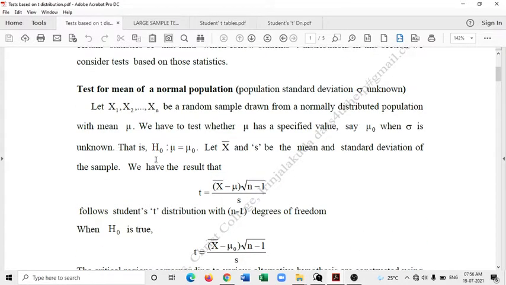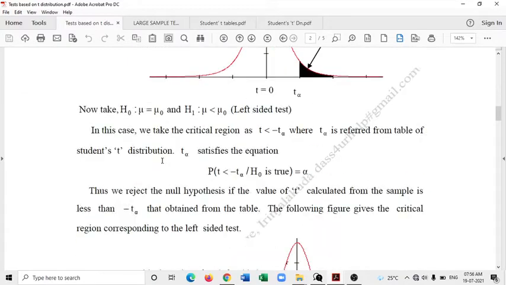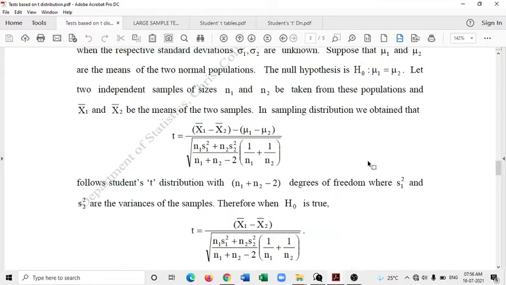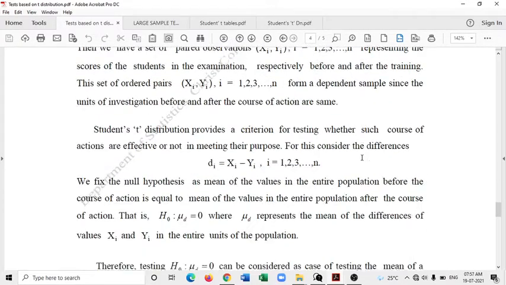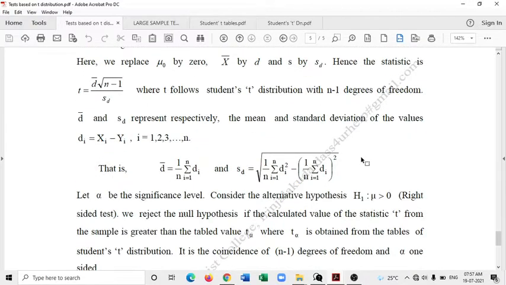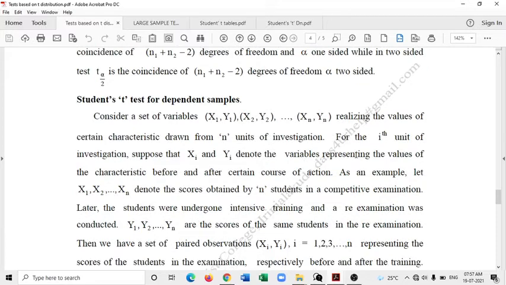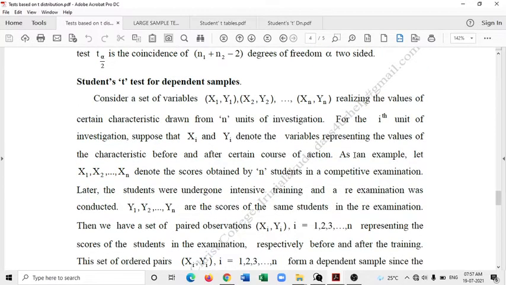But in the present test for dependent samples, the observations are undergoing investigation in two phases. One is before applying some treatment, and the second is after undergoing the treatment. That's why we have the observations in pairs.